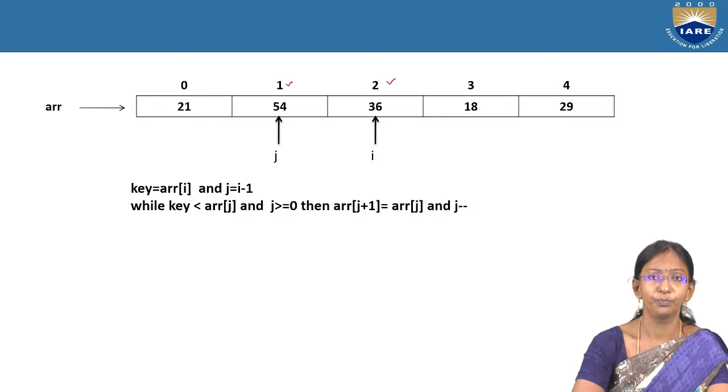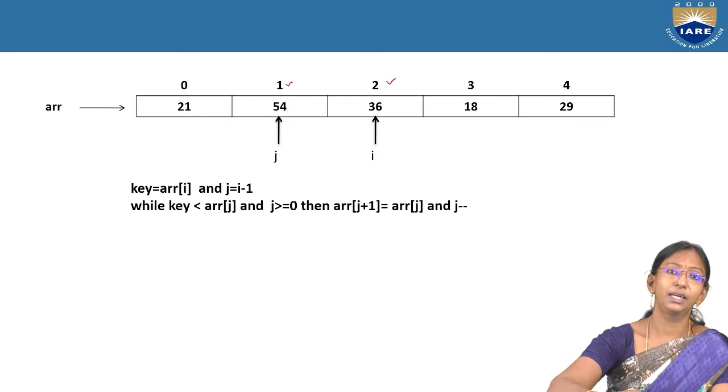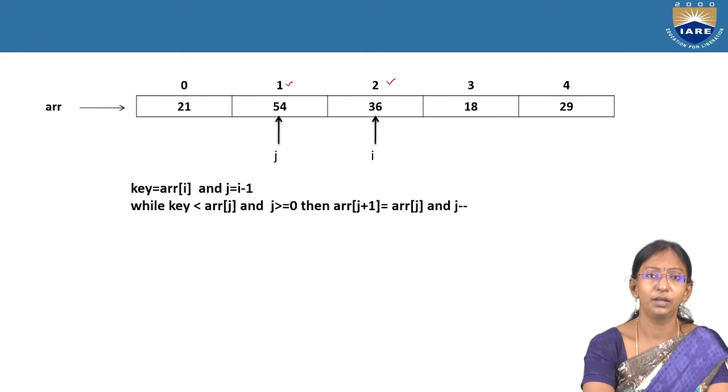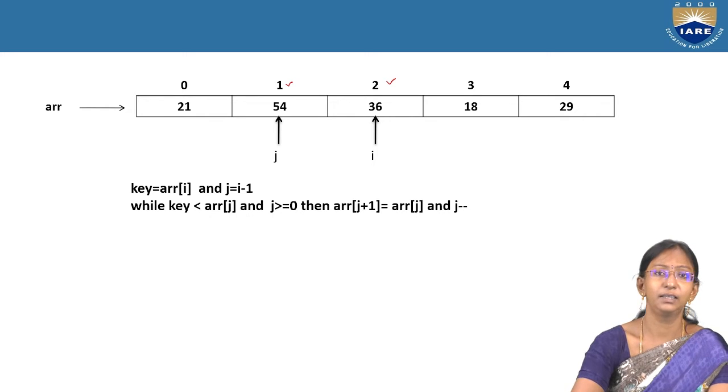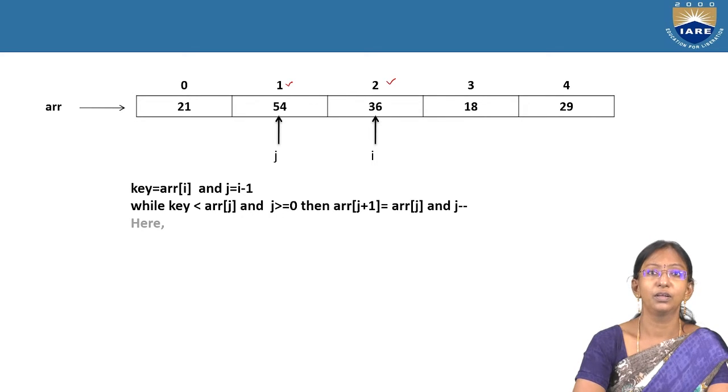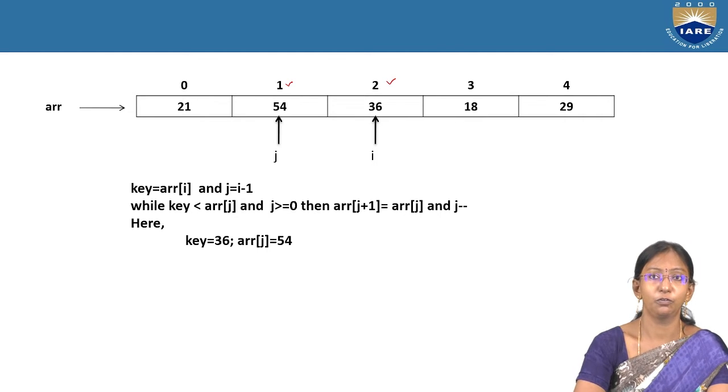If it is so, copy the content in J index value to J plus 1 and decrement J. If not, copy the key in J plus 1 position and increment I. Let's have a look. Here key is 36, whereas J is pointing to the element 54. So is 36 less than 54? Condition satisfied.